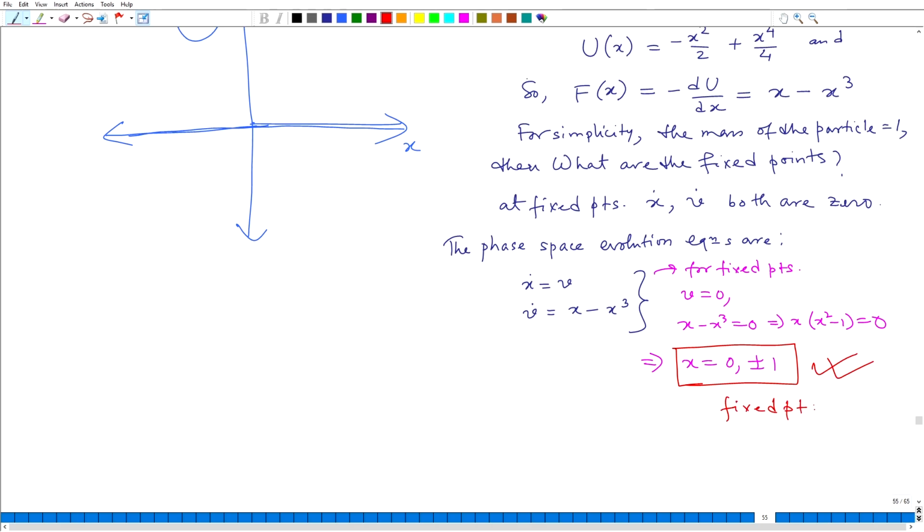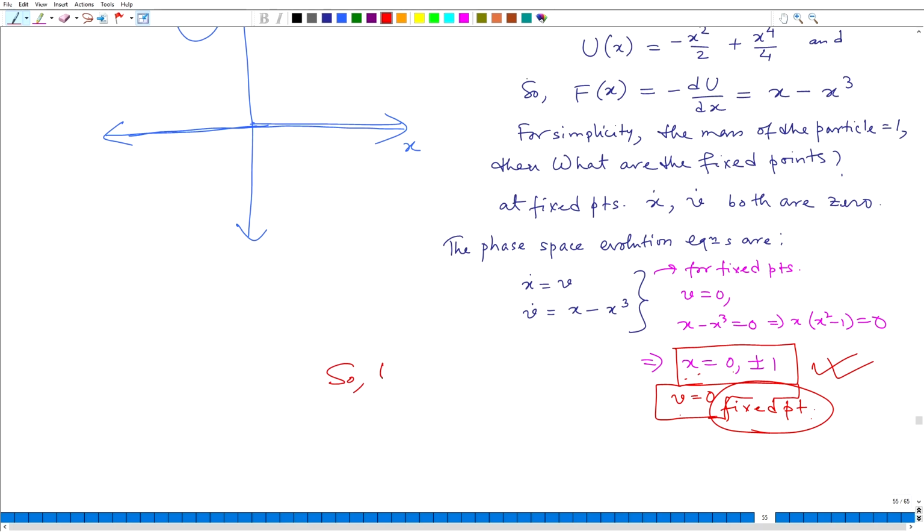Now, at this point I want to make one point very clear, that if you now simply say that x is equal to 0, plus minus 1, they are fixed points, that is actually partially correct. You have to say this and v is equal to 0, okay, because only when you specify both x and v, then only one point in phase space is well defined. Okay. So, what are actually the fixed points?